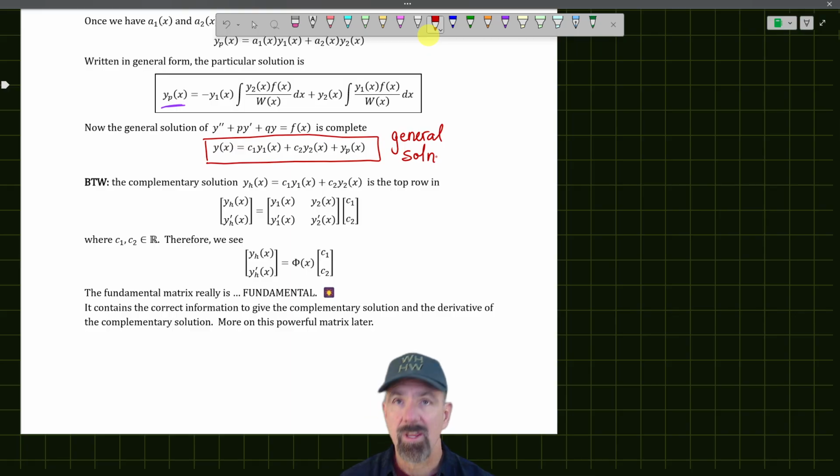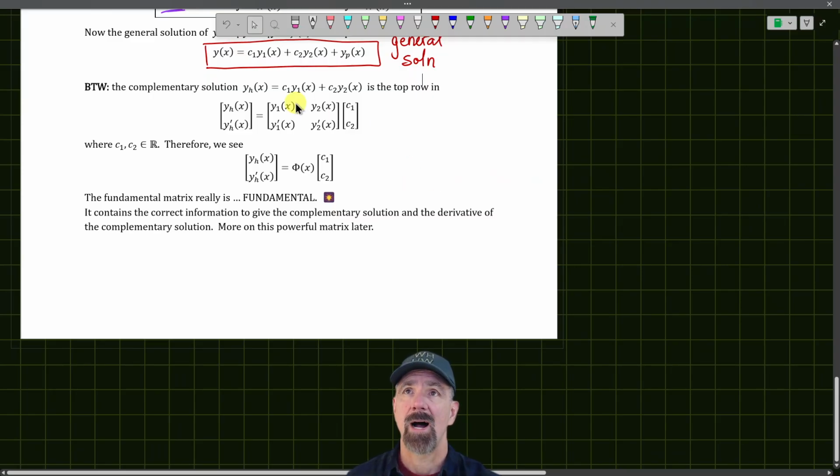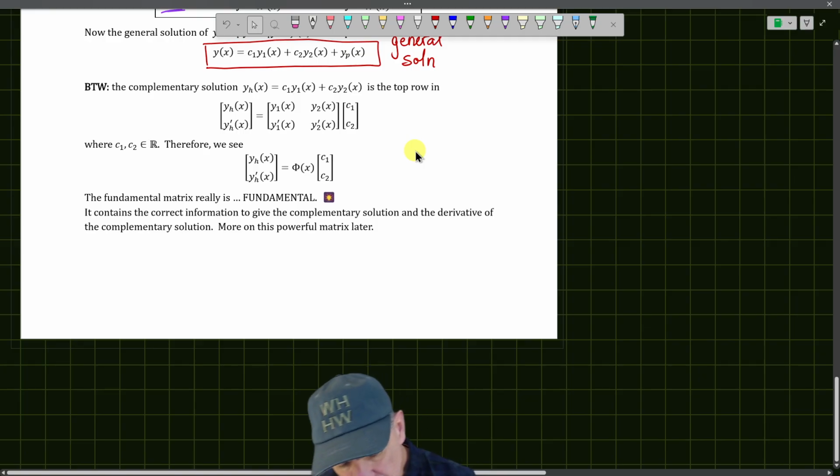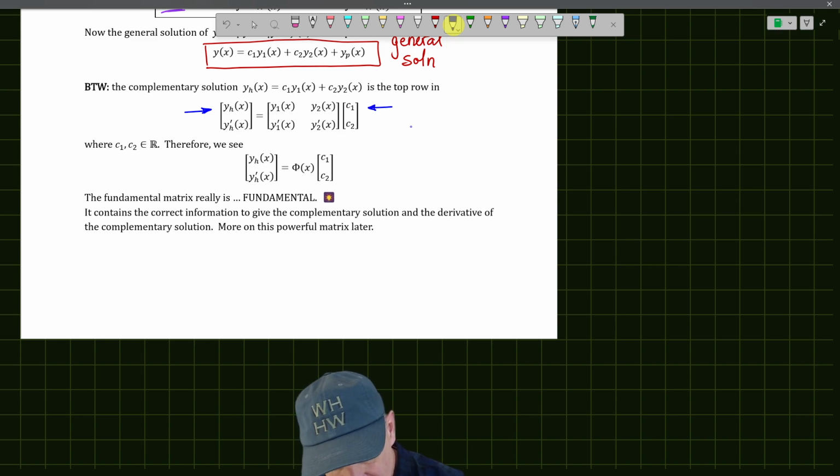There's one final note that I've included down here, which is, by the way, if we think about the complementary solution and its derivative, we can see that the complementary solution appears as the top equation in this matrix setup, and then the derivative of that.